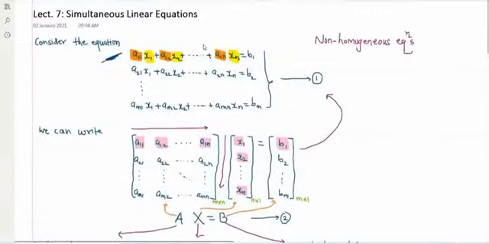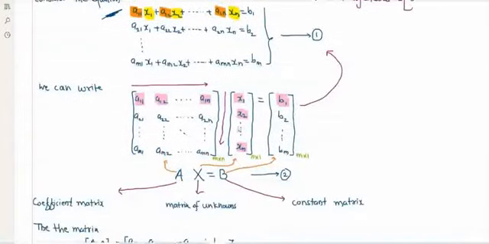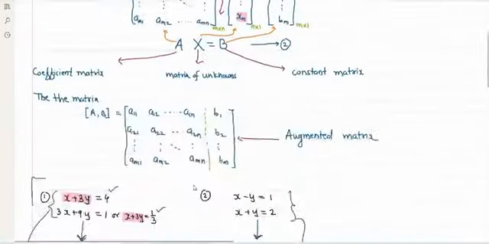And that same equation number 1 we are representing in matrix form as Ax equal to B.